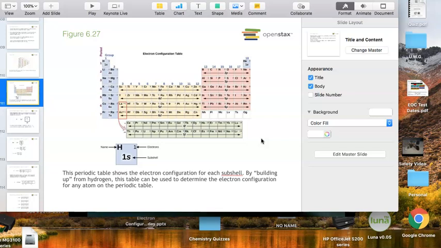How many orbitals? Well, 2 divided by 2, 1 orbital for S. 6 divided by 2, 3 orbitals for P. 10 divided by 2, 5 orbitals for D. 14 divided by 2, 7 orbitals for F.